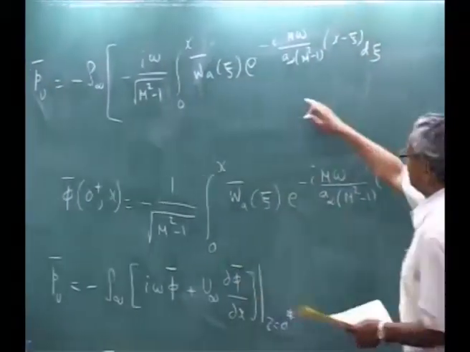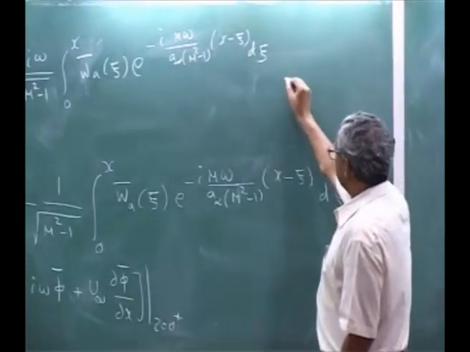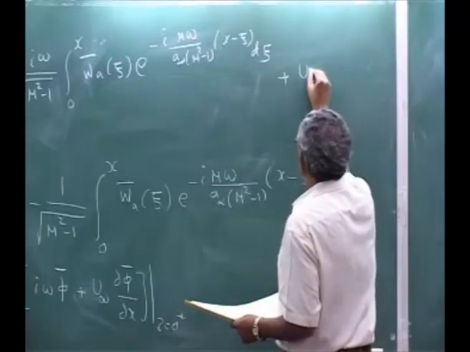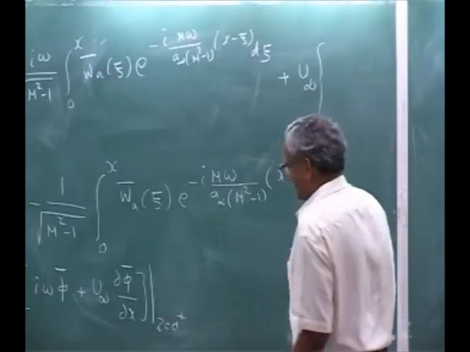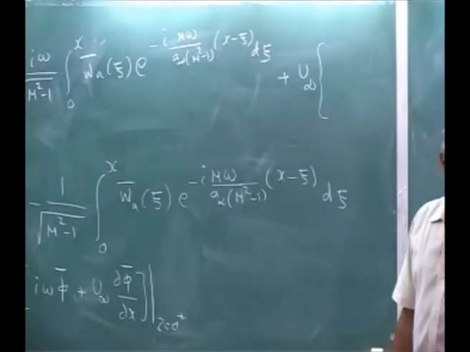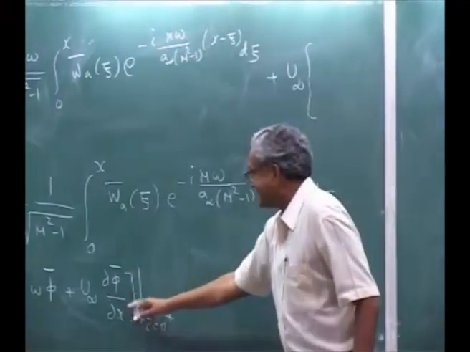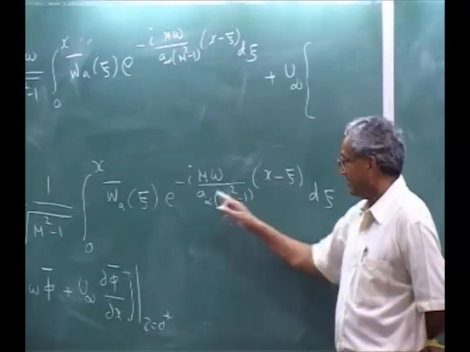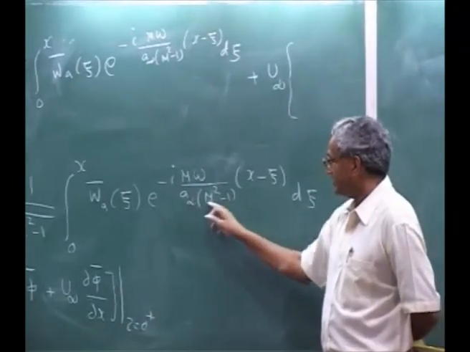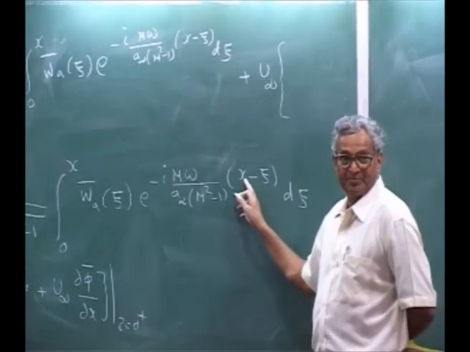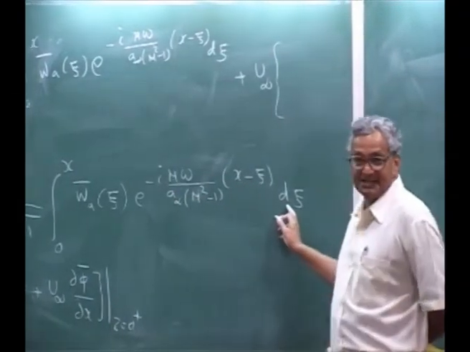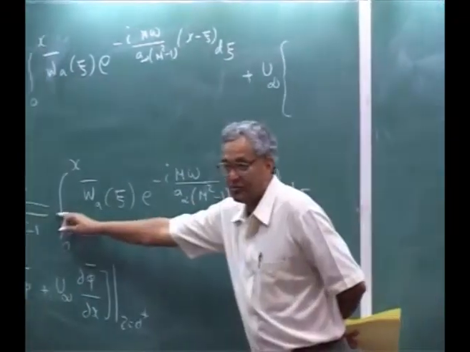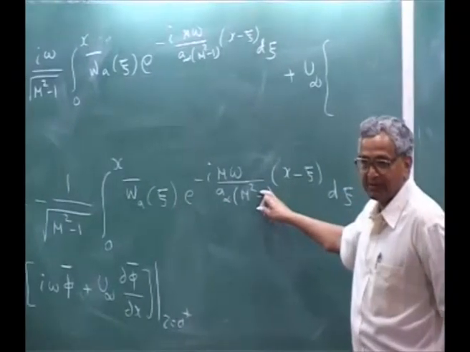This is the first term, plus u infinity into delta phi by delta x. You have one x term, e power minus I m omega over A infinity x, that is independent of this integration. So you can take it outside, you can differentiate it.